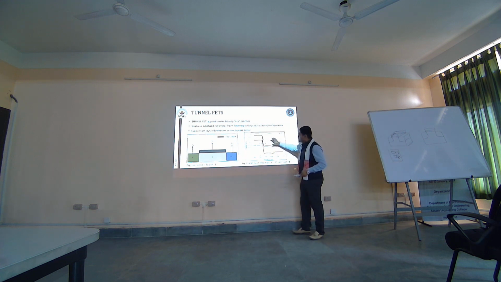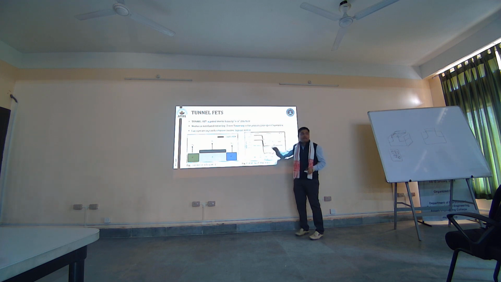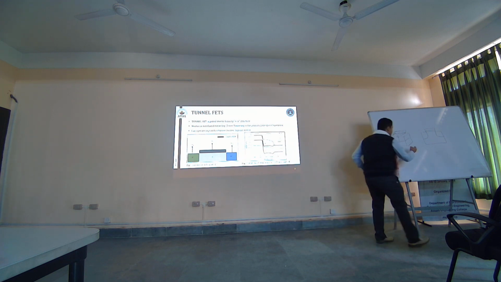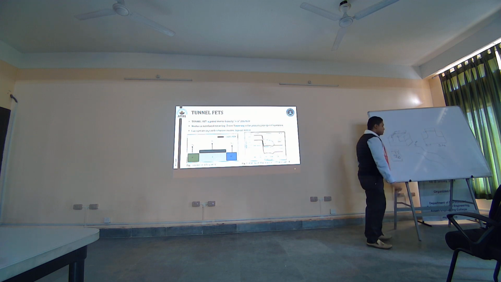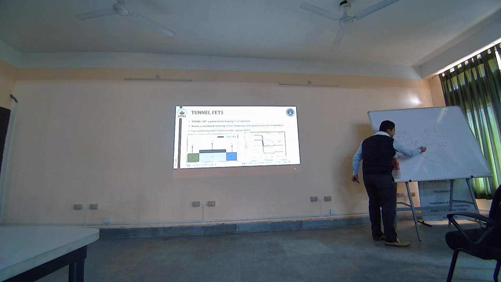So this band which you see does not have any appreciable overlap between the valence band edge and the conduction band edge. When I am speaking about the valence band edge and conduction band edge, this is your source, this is your channel, and this is your drain. So this is P plus, this is I, and this is N plus. Here you do not have any kind of overlap.